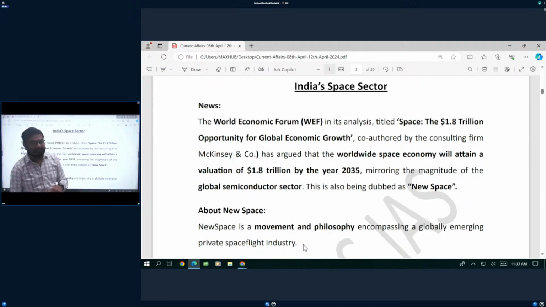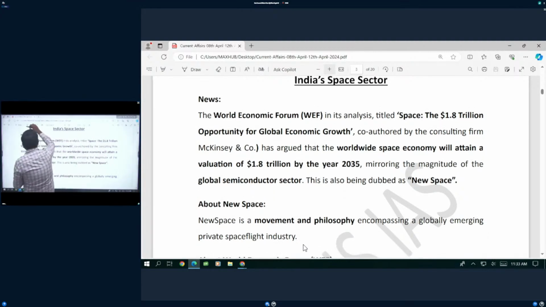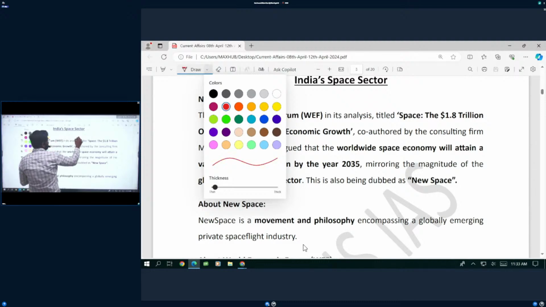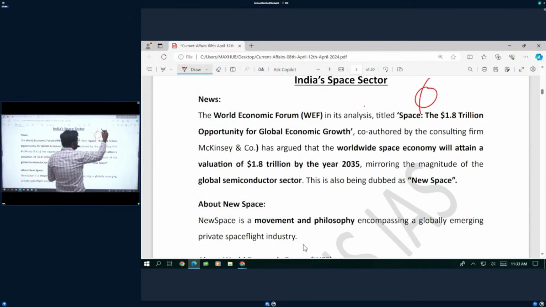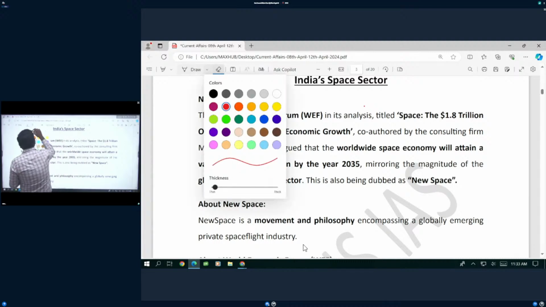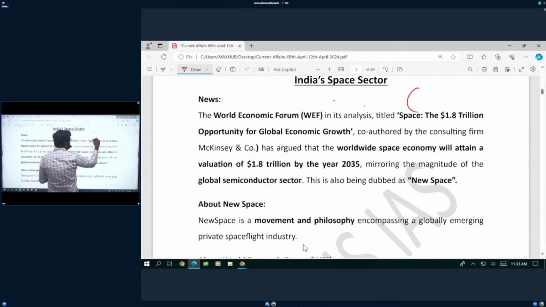polar orbit and, और कौन सा ऑर्बिट होता है, geosynchronous. Particularly the satellite which goes like this over earth is a kind of polar orbit. If this is earth, the satellite which goes like this is basically polar orbit around the poles.